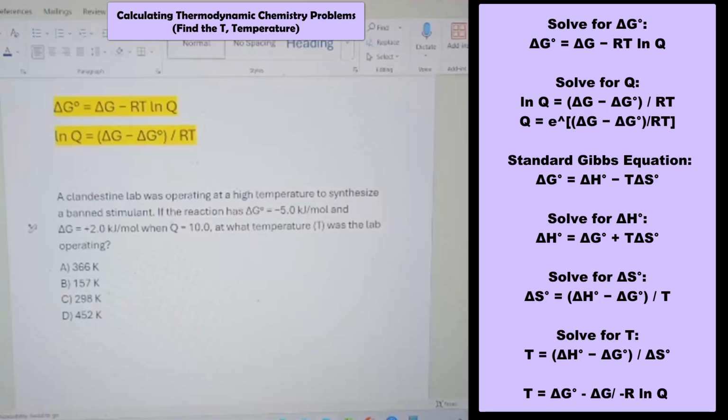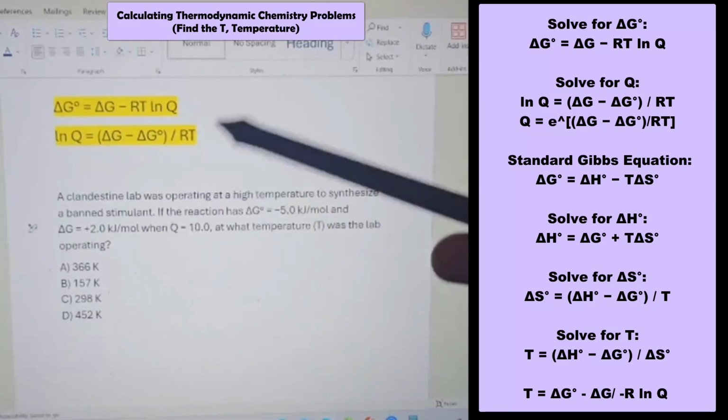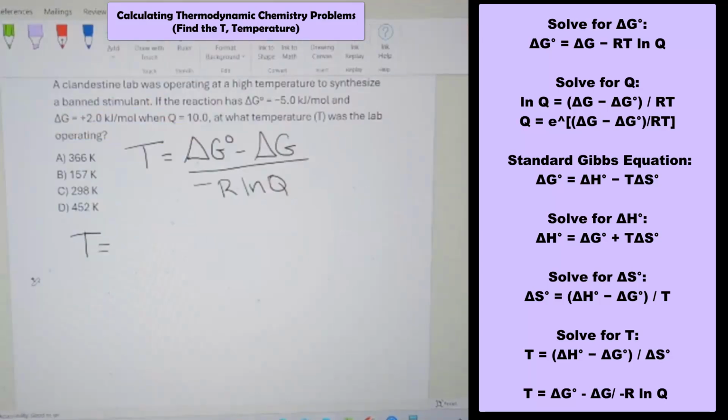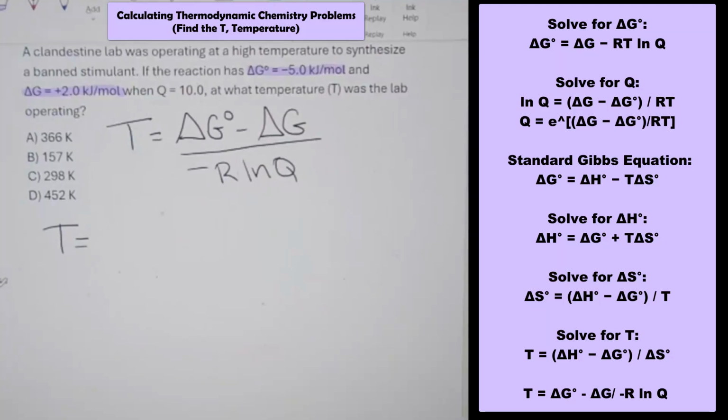Now, in this case right here, because they gave you 2 G's and you're looking for your temperature, you would have to remix the formula in order to solve for that, right? Here are the numbers again, y'all. Negative 5.0 kilojoules per mole minus 2.0 kilojoules per mole. So let's write those numbers out.